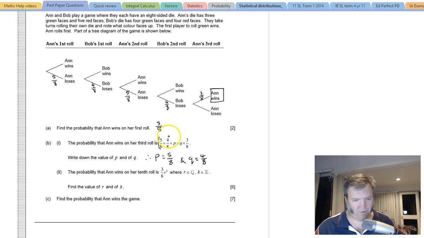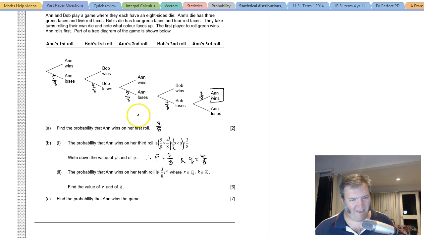This was 5/8 by 4/8, and here again, we had 5/8 by 4/8. Every time we've got a pair of losses, we're going to have Anne by 5/8 and Bob by 4/8. So what does that simplify to? That's 5/16, because we can just make 4/8 a half, 5/8 by a half, 5/16.